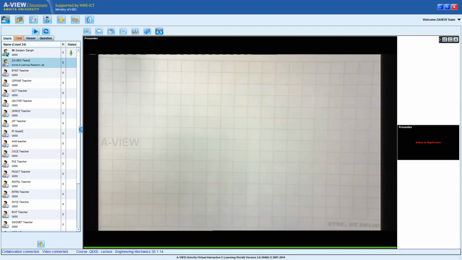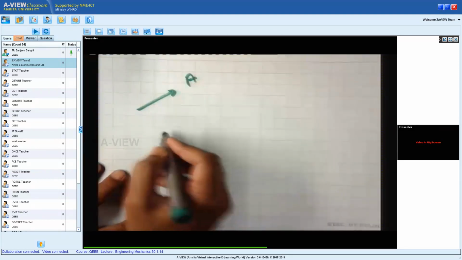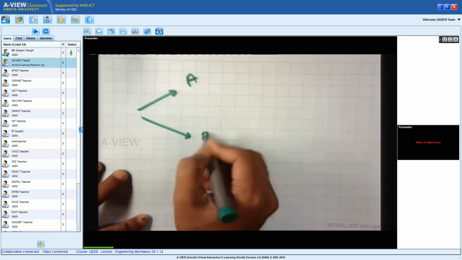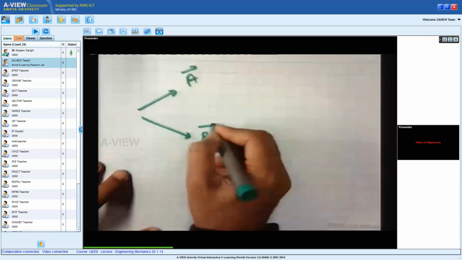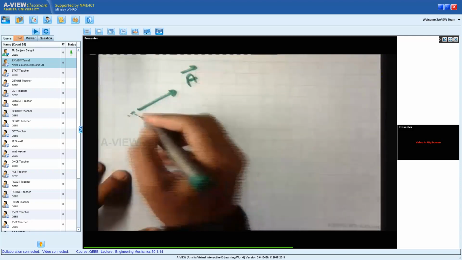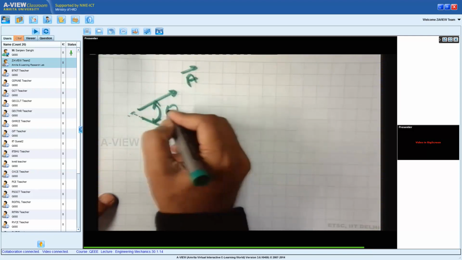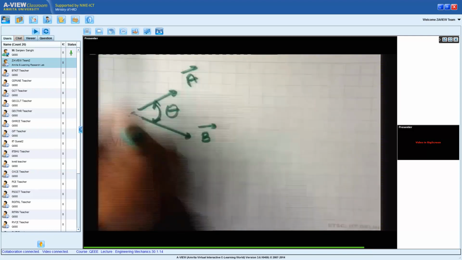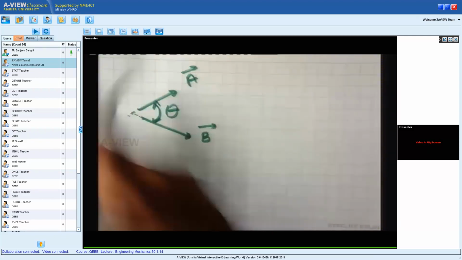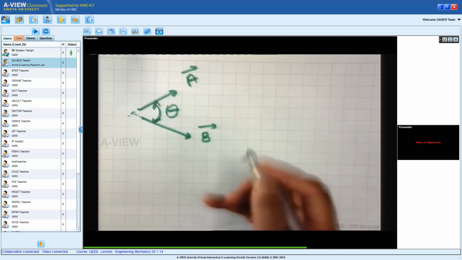Let us illustrate this. If this is vector A and this is vector B, then we join the two tails together, we just extend it, and the angle between these two, this is the smaller angle. The larger angle would be the reflex angle between A and B, which would be 360 minus theta. So this is how we denote this.